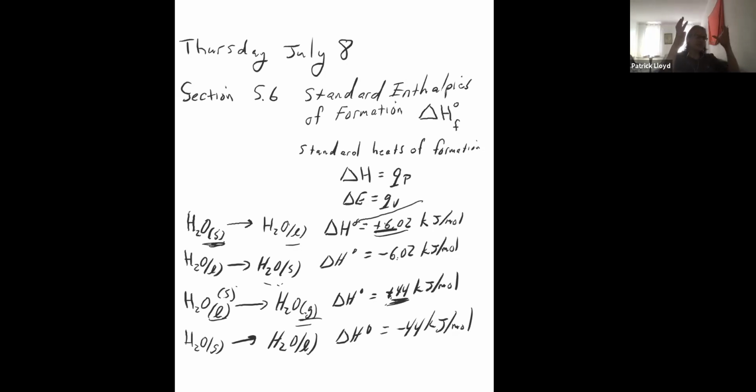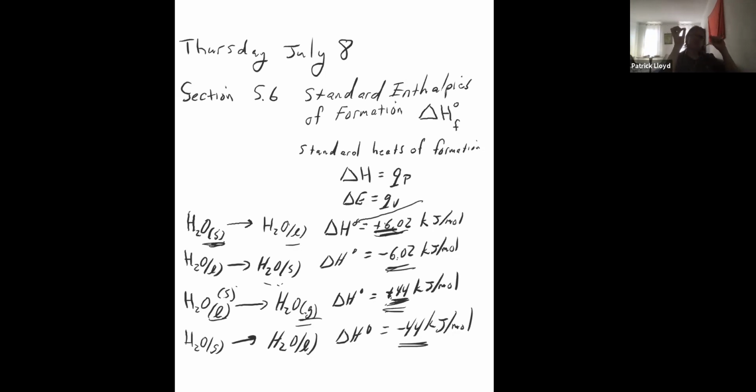So how do you deal with this? What you have to do is you have to define the conditions. You have to say that this value that I'm quoting you here is only valid under specific conditions. It's valid at this temperature, it's valid at this pressure, and it's valid if the material is in this particular state.